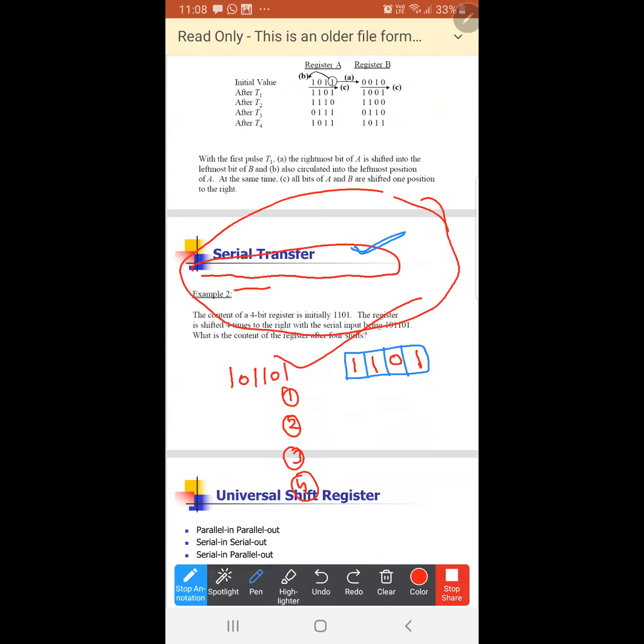What is the answer after the 4th clock, girls? Same as the initial value. 1101.